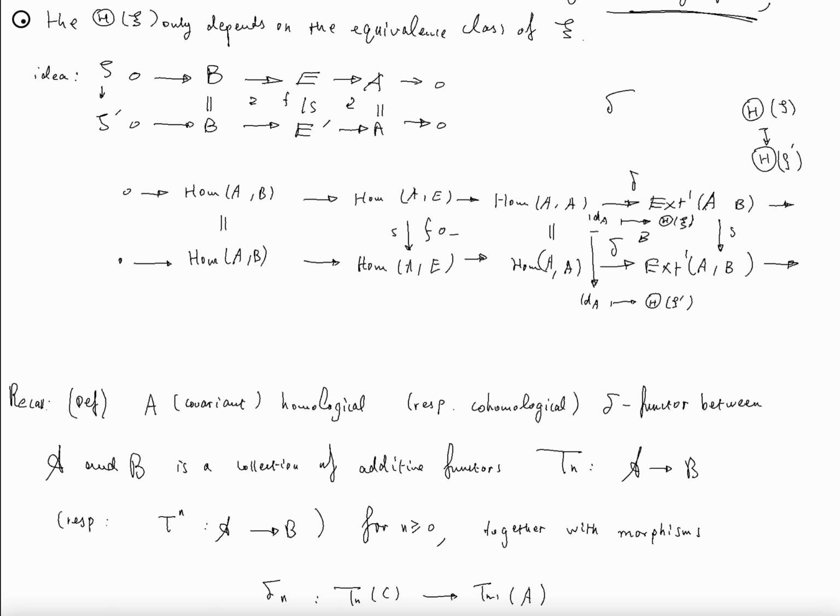If you just recall the definition, this would be just the right derived functor of the left exact functor we're applying, this covariant functor, on this object B. So you take a projective resolution.